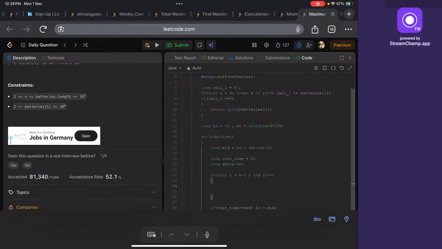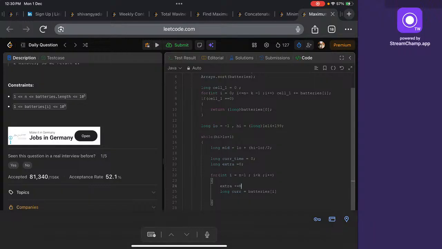So what is the current time? Current time will be batteries of i plus we need extra, right? If this batteries of i is less than time, we need to increase it by how much? By extra.